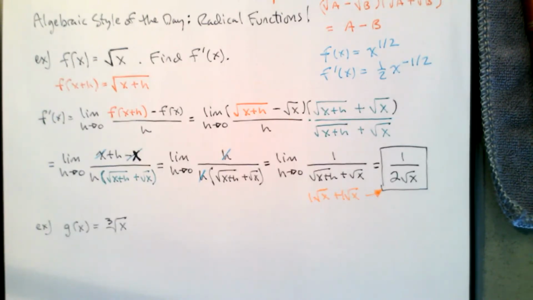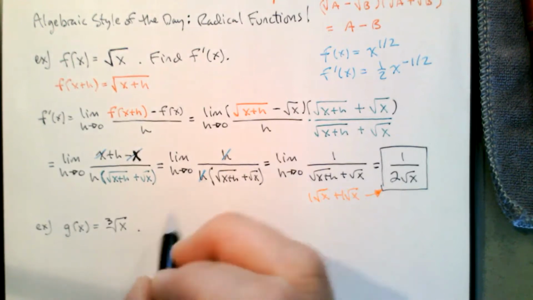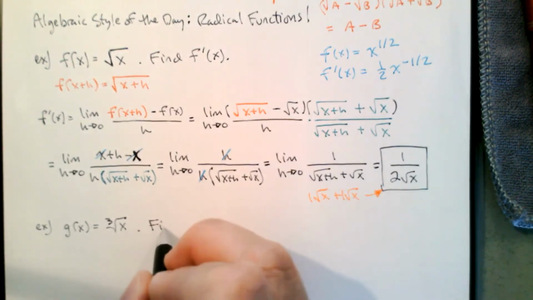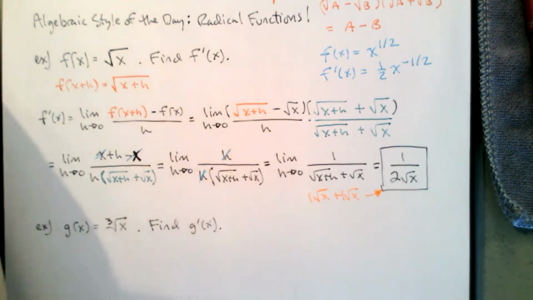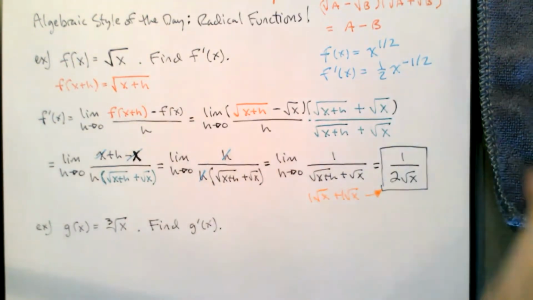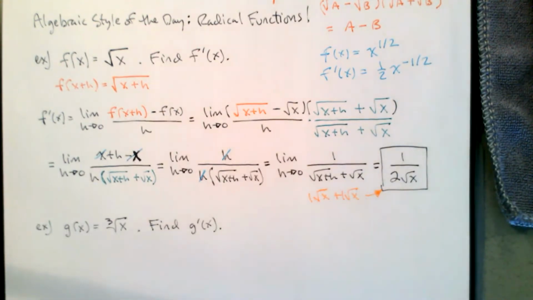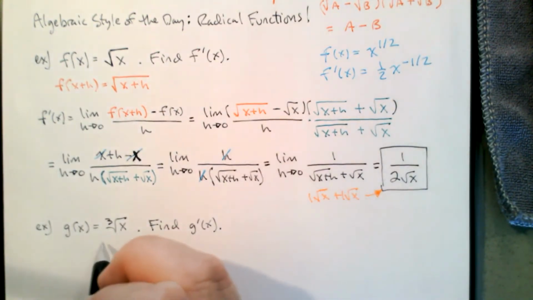So here, rationalizing with the difference of squares is not going to help. We're going to need to rationalize with the sum or difference of cubes.